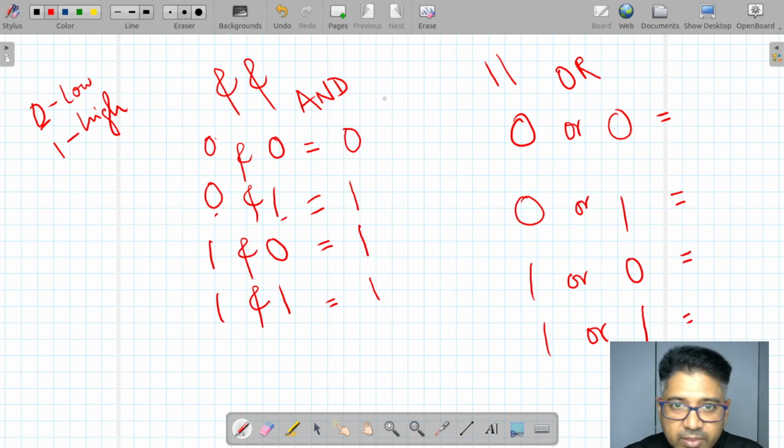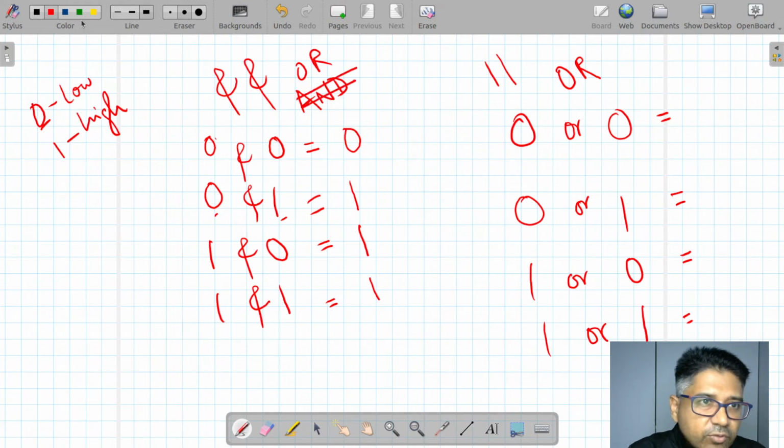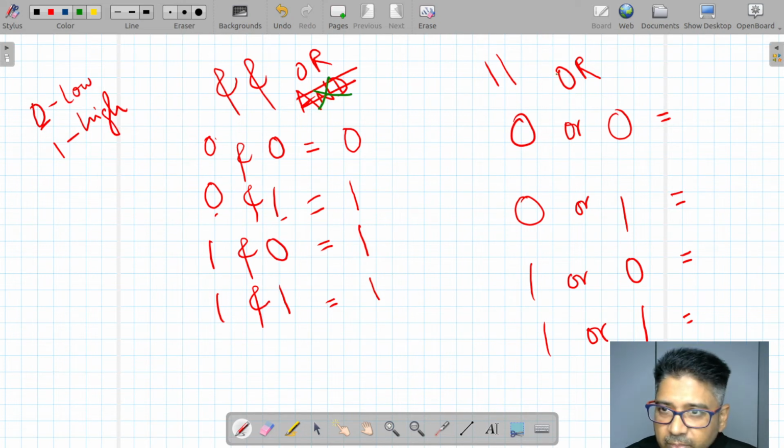This is for OR, meaning any one is true. This is for AND. OR means if any one is true, the result is true. And for AND, if any one is false, everything will be false.